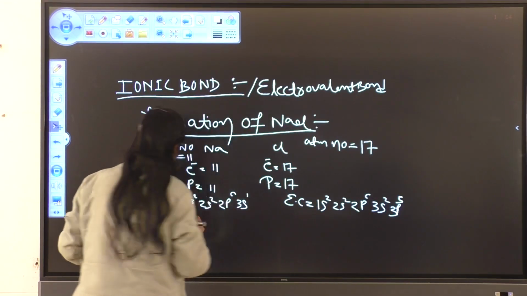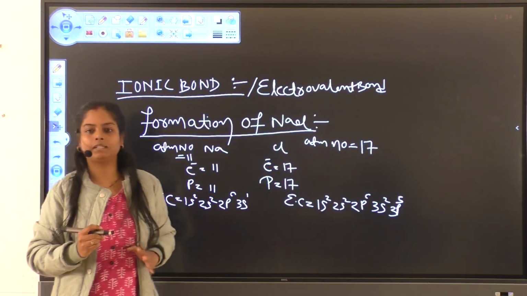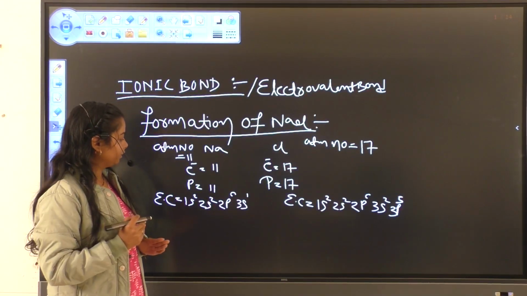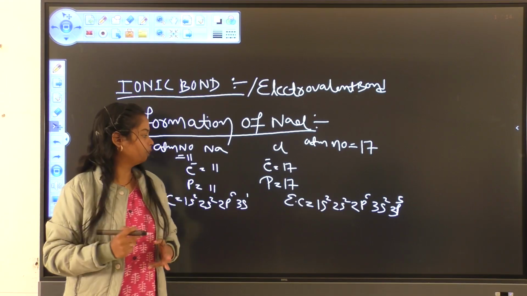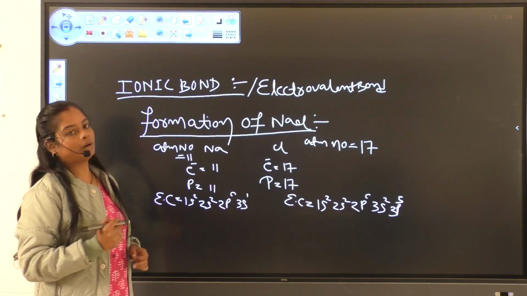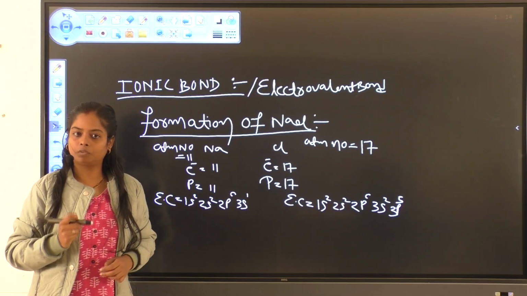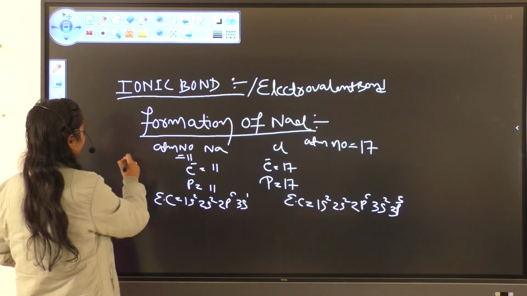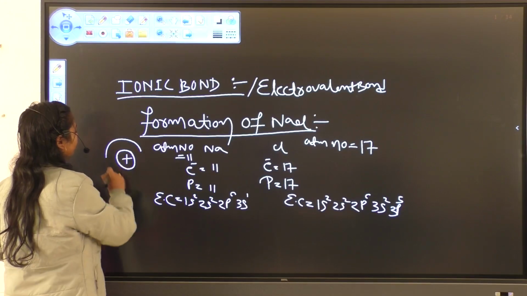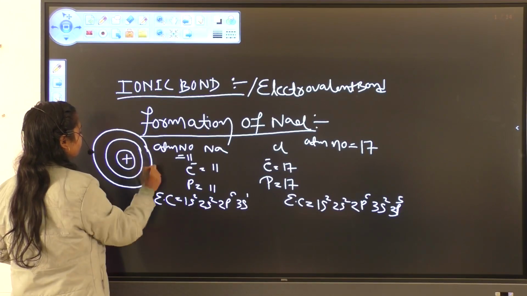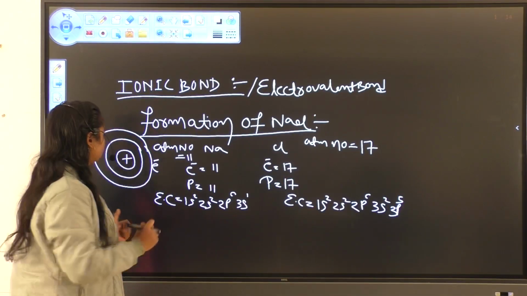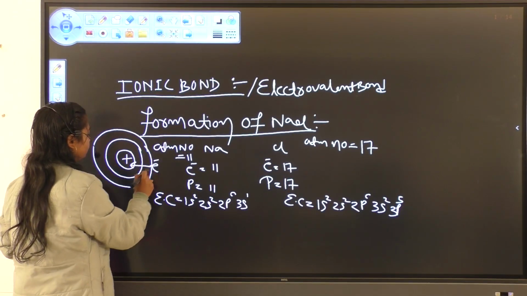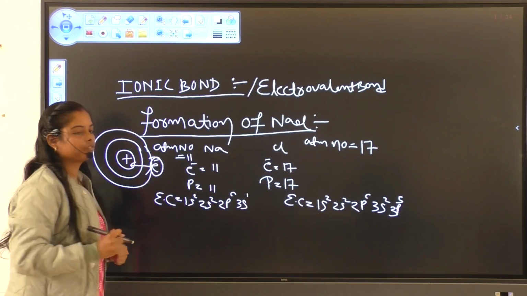Now the first thing to know is what a valence electron is. The valence electrons are the outermost electrons which participate in bond formation. Why do only the valence electrons participate? If electrons are revolving around an atom, the outermost electron is loosely bound to the nucleus, so the force of attraction is very low.